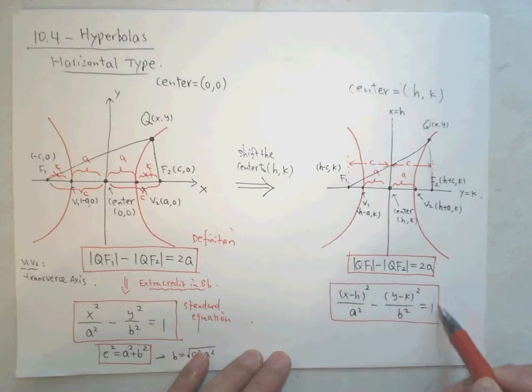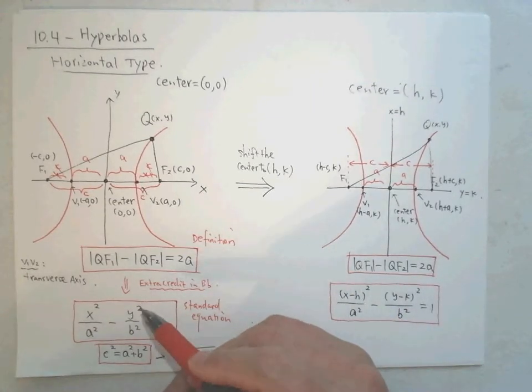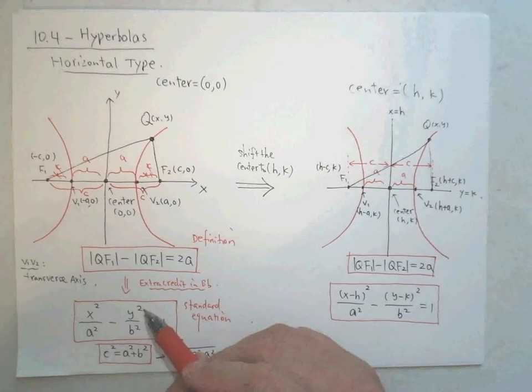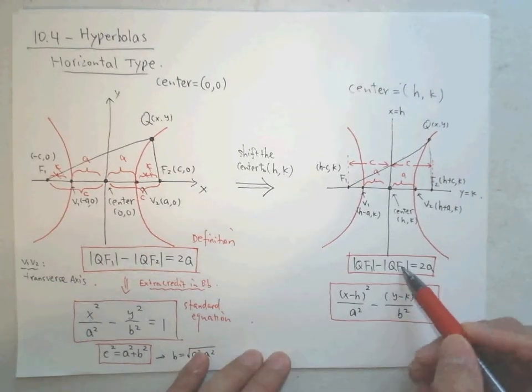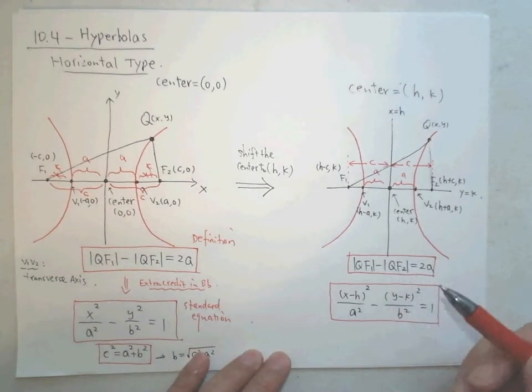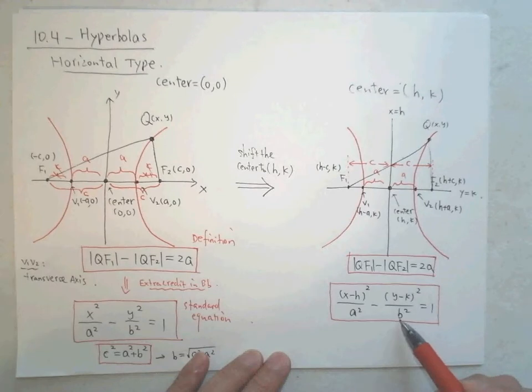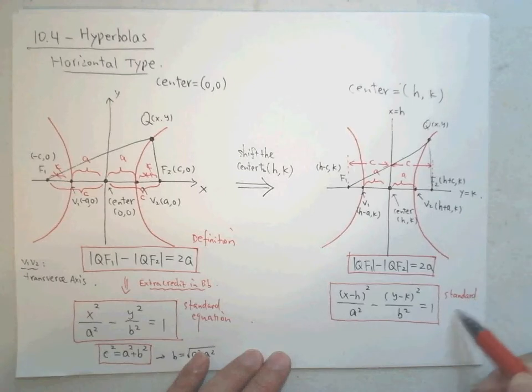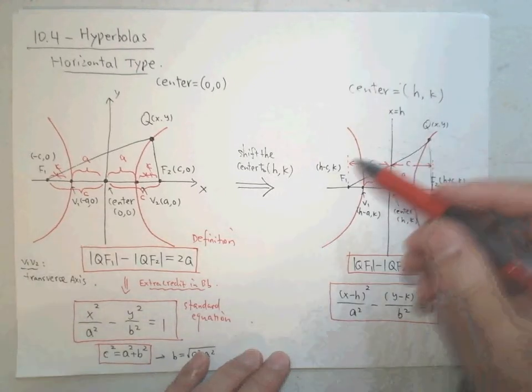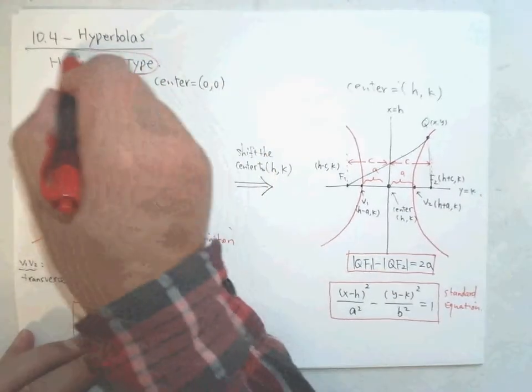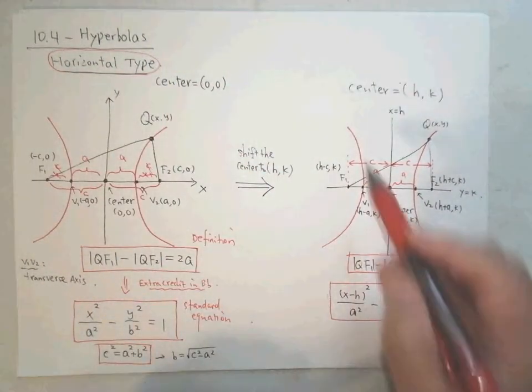You can either use the shift you learned from pre-calculus, or use the definition, to get this equation. This is what we call the standard equation, and this is a horizontal type. Keep in mind that this is a horizontal type.